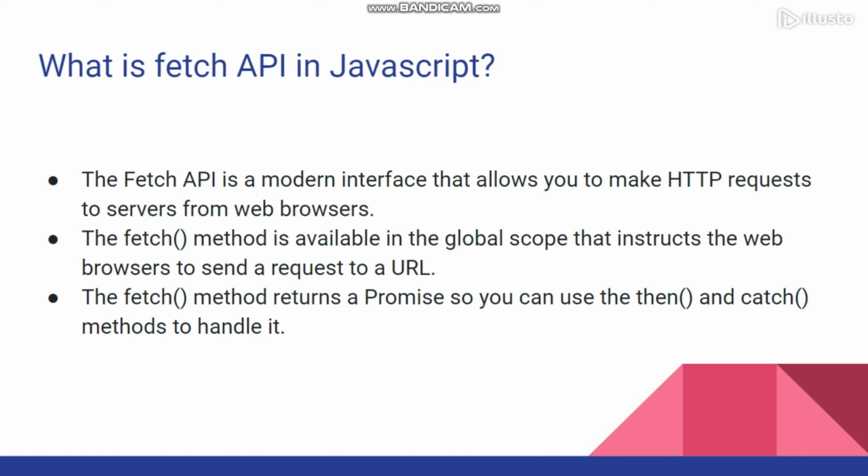It will always give you a promise. A promise is an asynchronous way to call in JavaScript. Remember, JavaScript is synchronous, but we can do things asynchronously as well. It will give you the promise, and you can capture the success response in a then block, and if you get an error, you can handle it in a catch block.